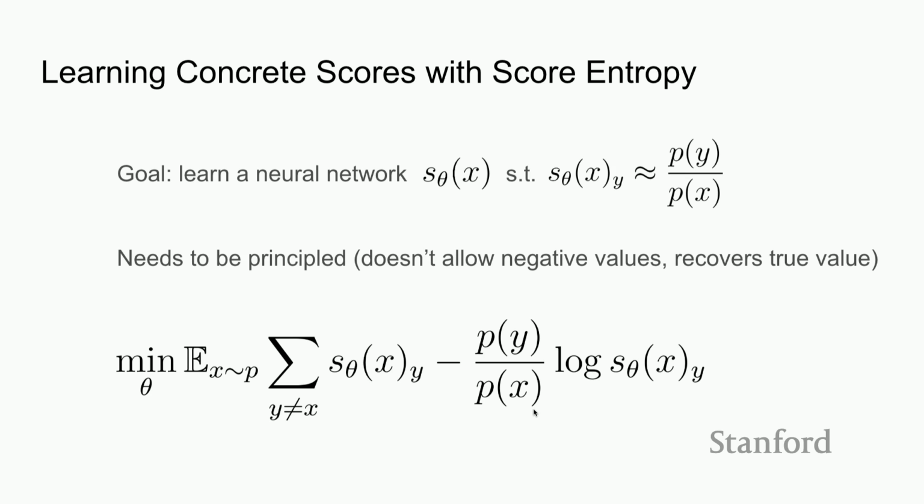We'll see soon why we need to do this type of construction. But the idea is that the score entropy is a generalization of score matching, but for our discrete scores instead.